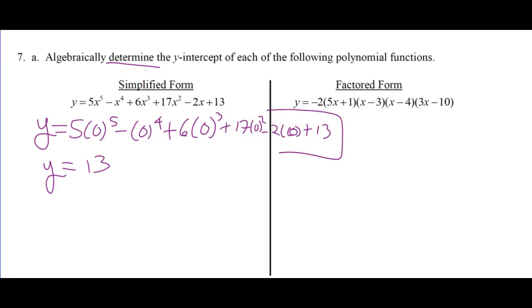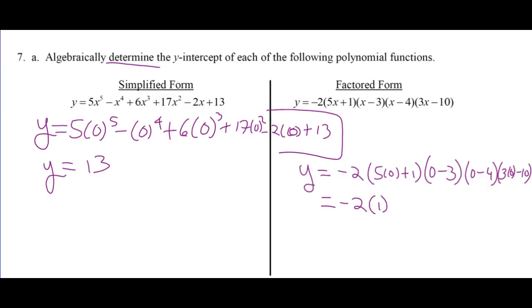Okay. From the factored form, what do we do to get the y-intercept? We put in a 0 for x. So determine, remember, means show work. Then we just multiply that out.